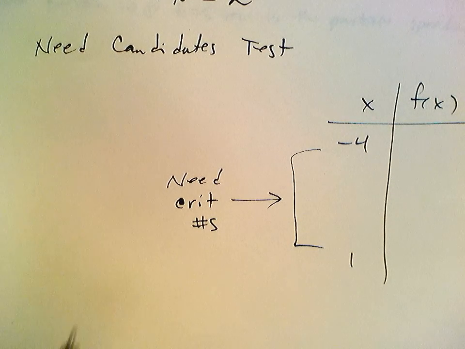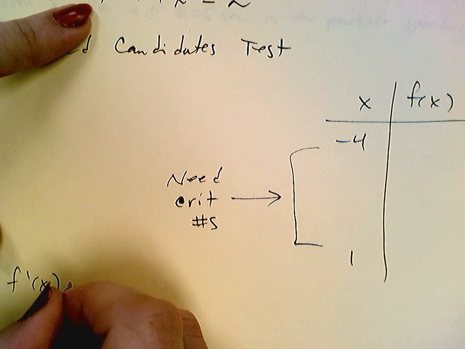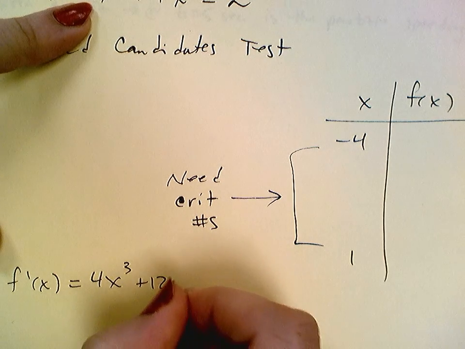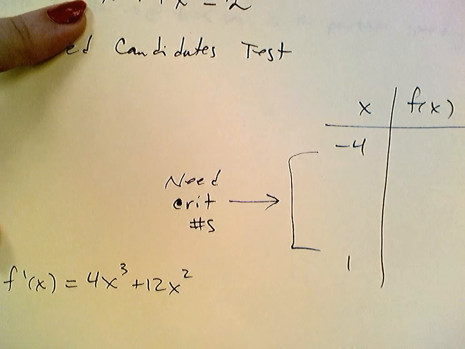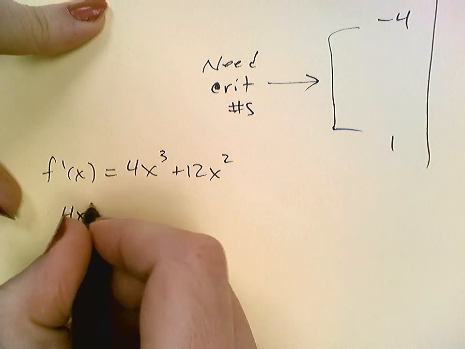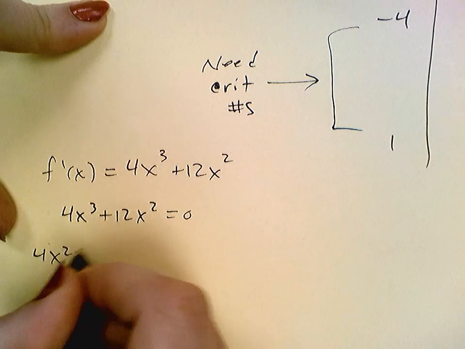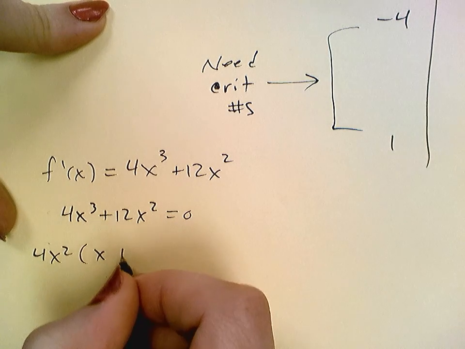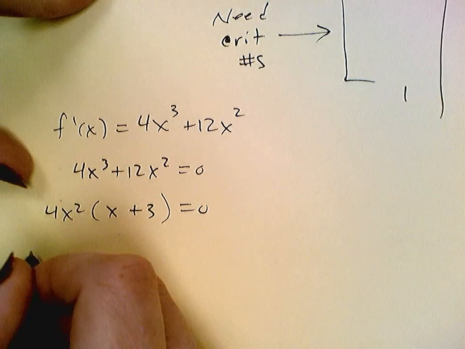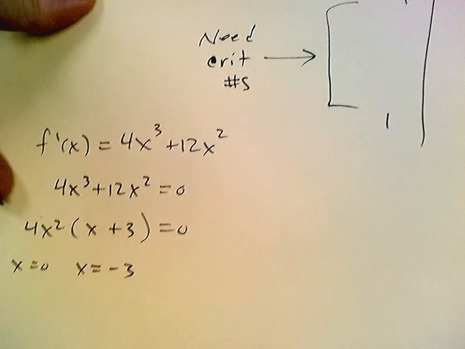And that's where you take the first derivative and set it equal to 0. Okay, so 4x cubed plus 12x squared. Okay, so those are the critical numbers.